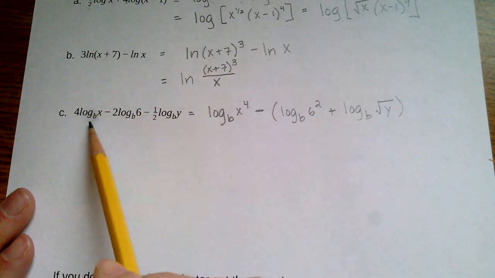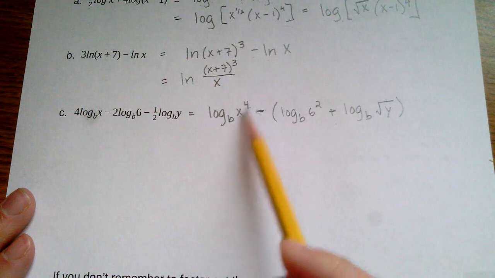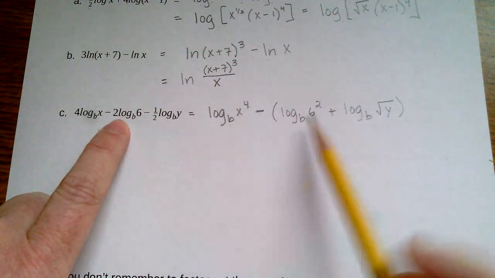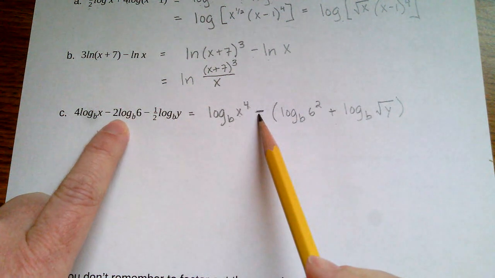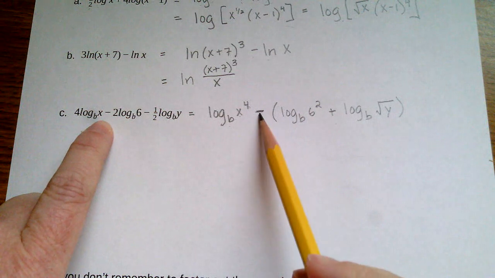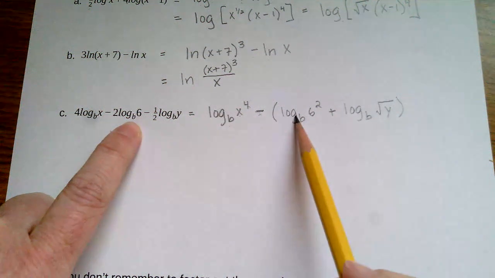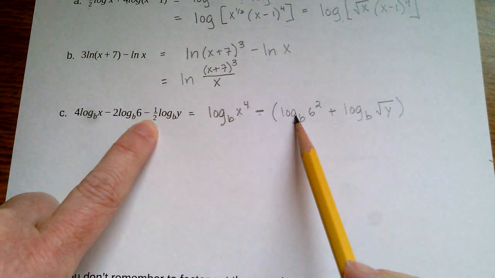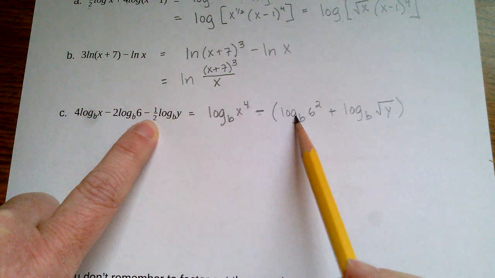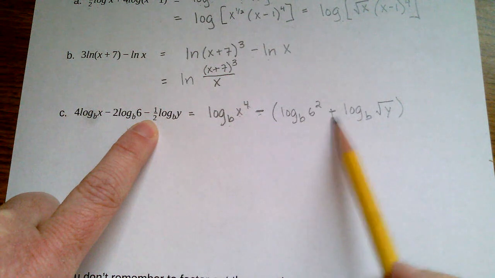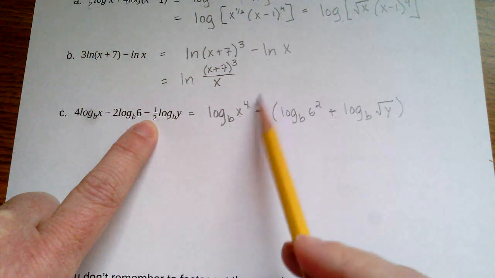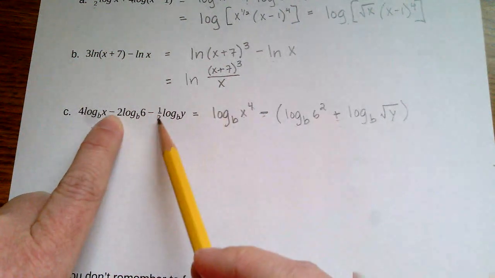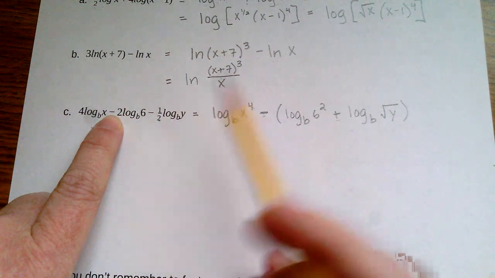The first one I think is pretty easy to see, log base b x to the fourth. I'm factoring out a negative. So this negative means this coefficient needs to be positive. Since the negative 1/2 was negative, this coefficient needs to be positive so that when I distribute that negative, those would both be negatives over there.